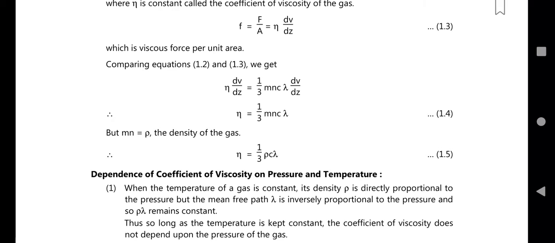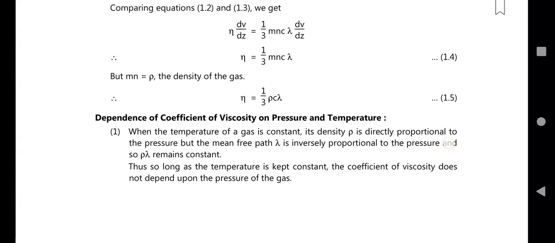Therefore eta equals, dv upon dz cancels, 1/3 mnc lambda. But m into n is the density, which we saw earlier, mass into number of molecules per unit volume, equal to the density of the gas. That is, eta equals 1/3 rho c lambda.